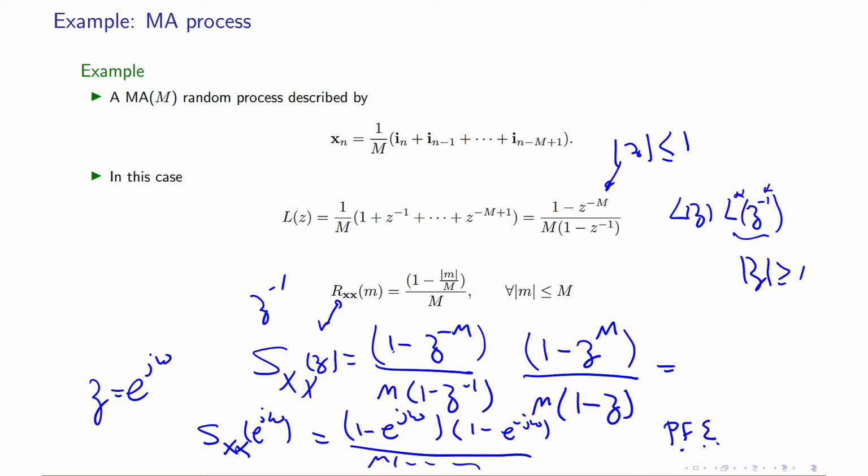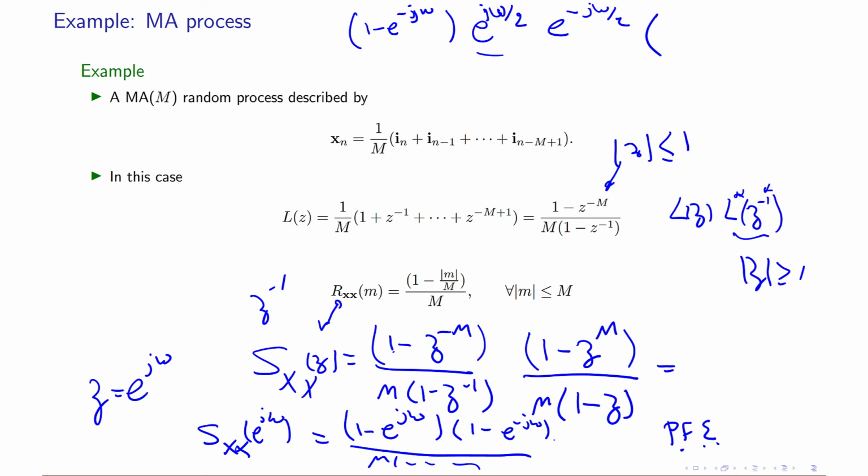Remember that for 1 minus e to the power minus j omega, you can multiply by e to the power of j omega divided by 2, and then multiply it by e to the power minus j omega divided by 2, because these simplify each other.